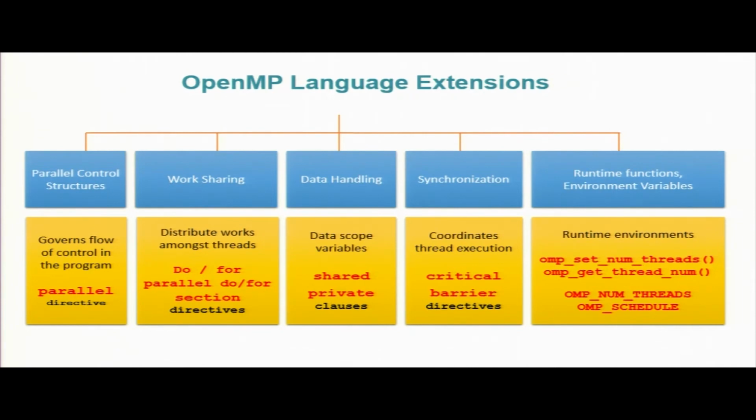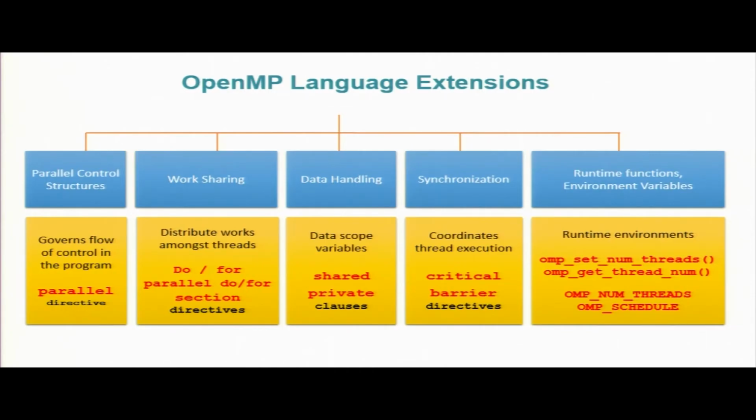So OpenMP provides these extensions for expressing parallelism within our program. It provides parallel control structures, which we have seen, like with hash OMP parallel. Then it provides work sharing constructs, so how we can divide our work. It can be data parallelism, it can be task parallelism. Then we have data handling, where we manage the shared or private scope of the data.